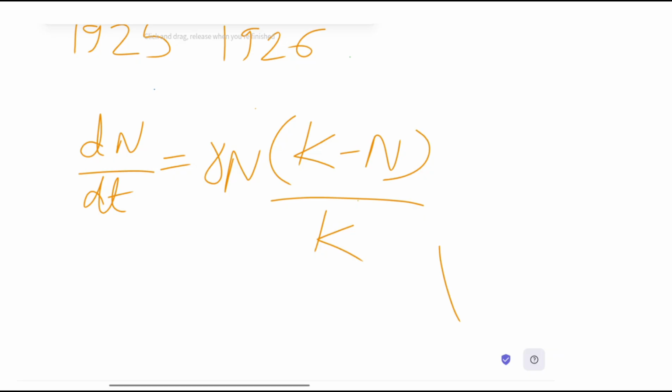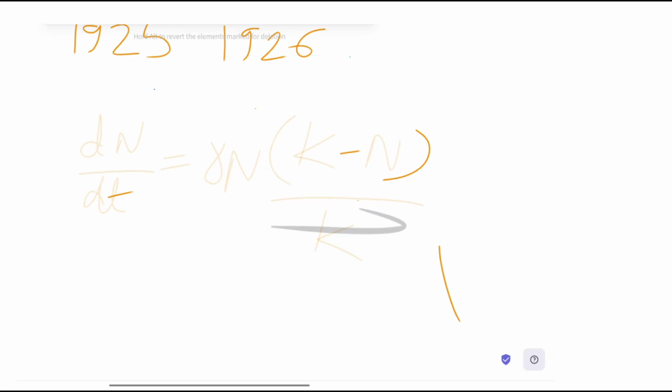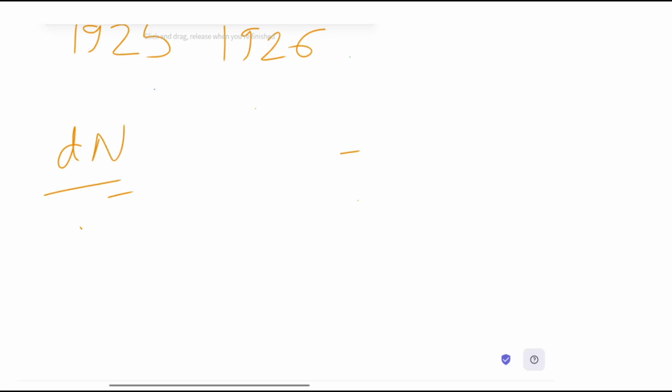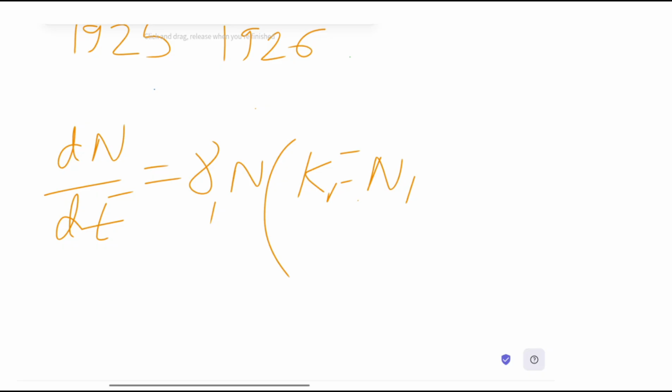So the logistic growth equation for the Lotka-Volterra model for two species, species 1 and species 2. The logistic equation for the growth of species 1 alone is dN1/dt = r1N1(K1 - N1)/K1. This is for species 1.